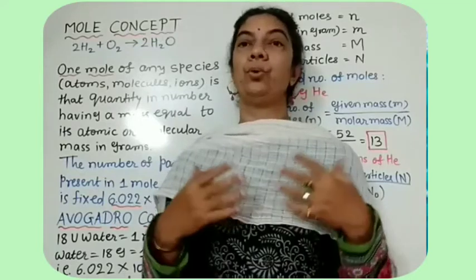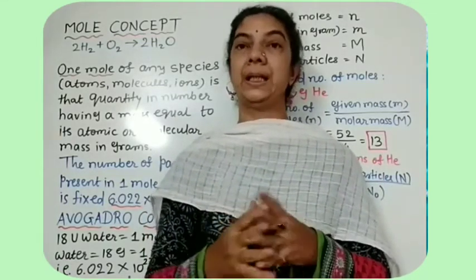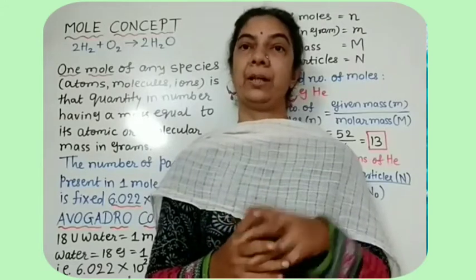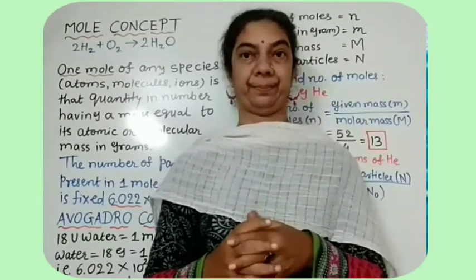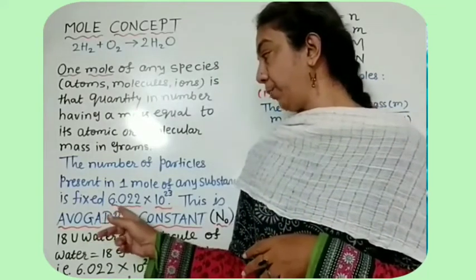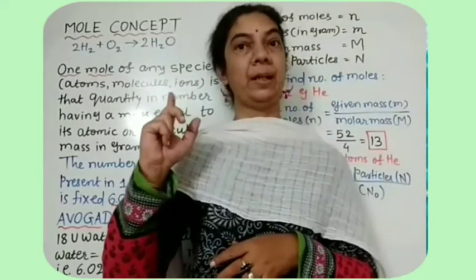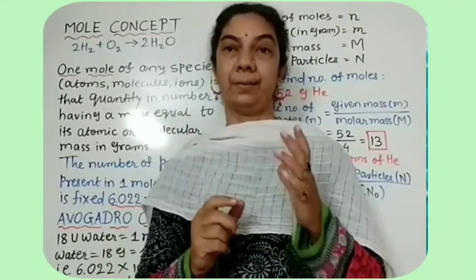And after so many experiments, the scientists got one fixed number, and that number is 6.022 into 10 raised to 23 atoms.